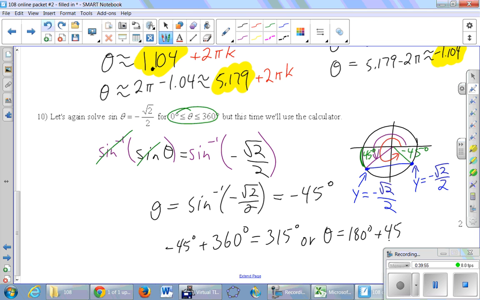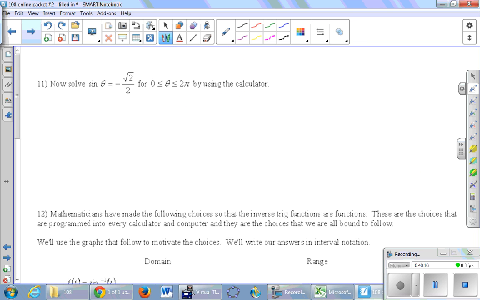And that 180 came just because we took our time and drew a really good picture. You got to make sure you're drawing a really good picture, because otherwise the 180 will just kind of seem like it's out of the blue. Okay, so we got our 315 and we got our 225, which agrees with what we said before on the previous page.